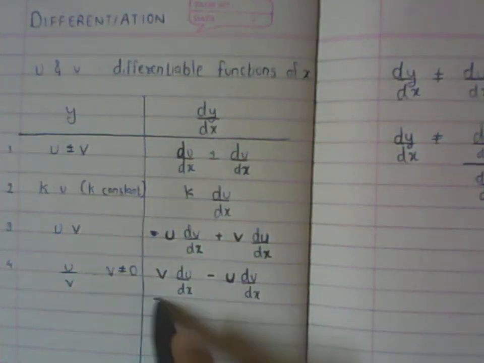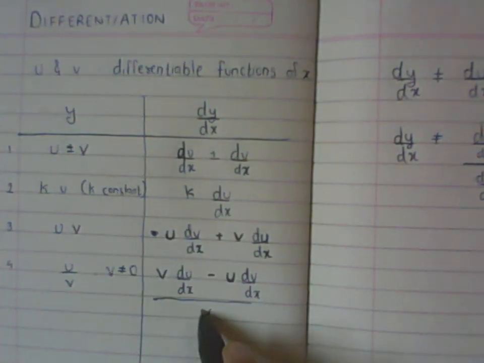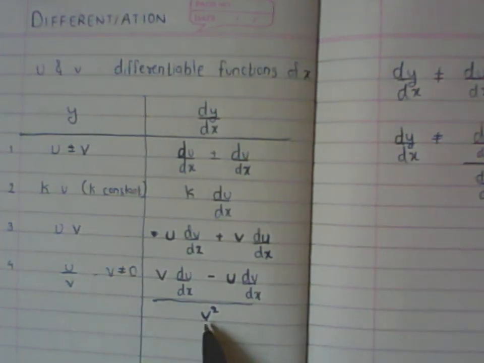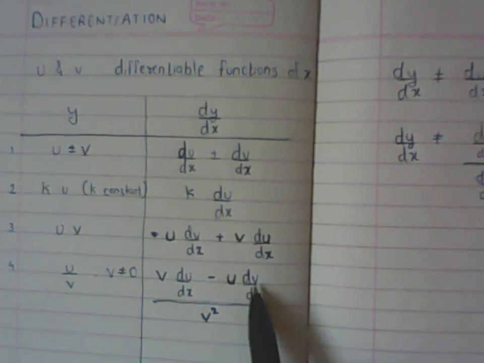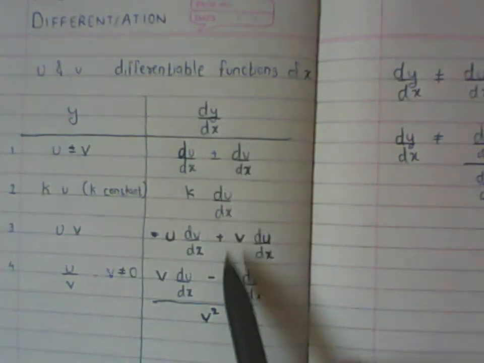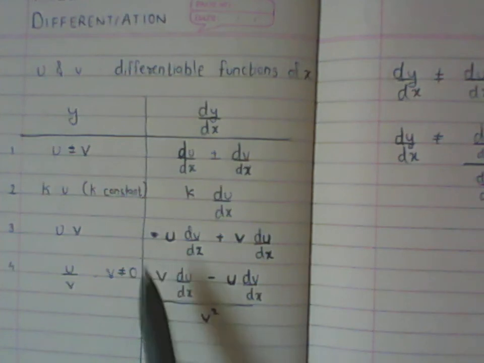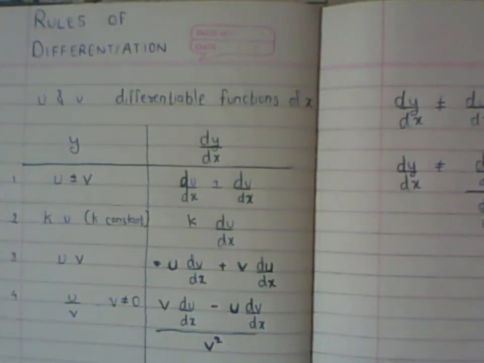What you do is you finally have a v square as your denominator. So whatever your denominator was, you square that, and that is your new denominator. So this might look a bit complicated, but all of these can be proved using the definition of derivatives, but we won't worry about that. We will take these as rules of differentiation. These are algebraic rules of differentiation.